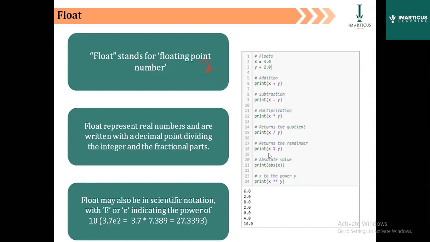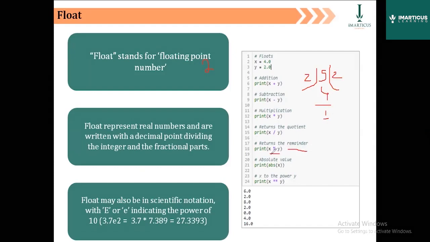And this is a remainder division. So suppose you are trying to divide 5 by 2, right? So you write 2 over 2, you get 1. So this x percentage y sign is going to produce 1, right? And this is going to produce this 2. So these are two types of divisions.